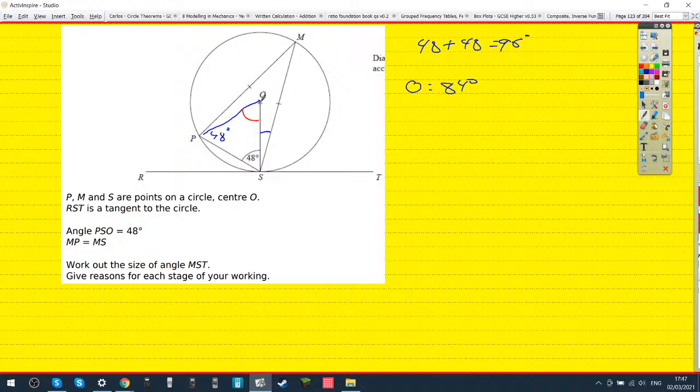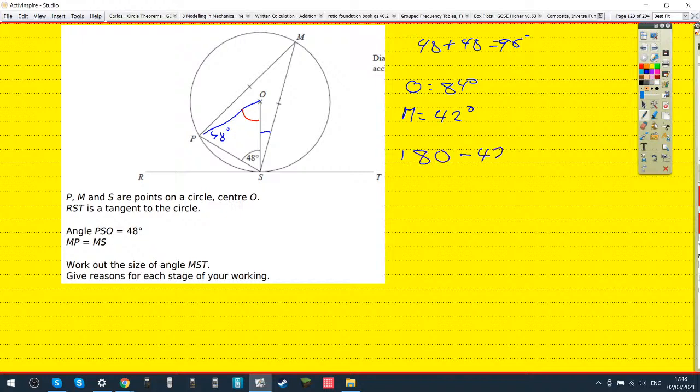O is at the center. M is at the circumference. So M is 42. So how can we use that? 180 take away 42. Yep.